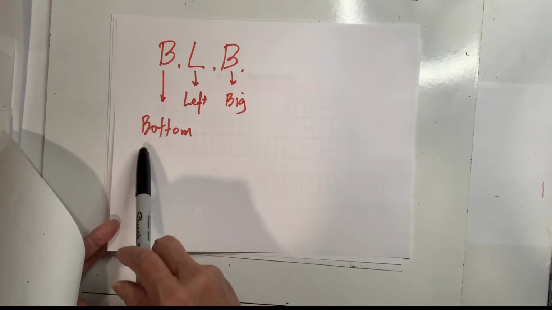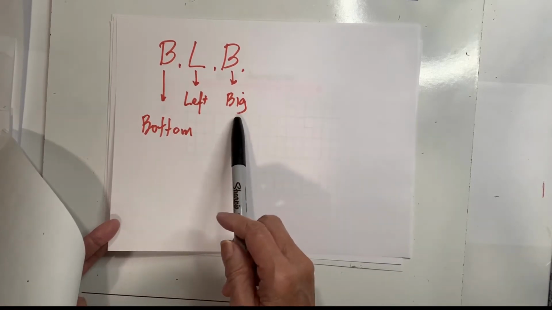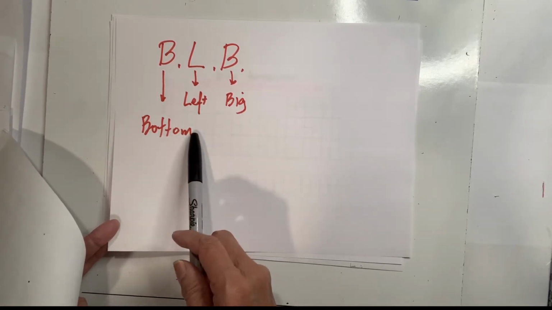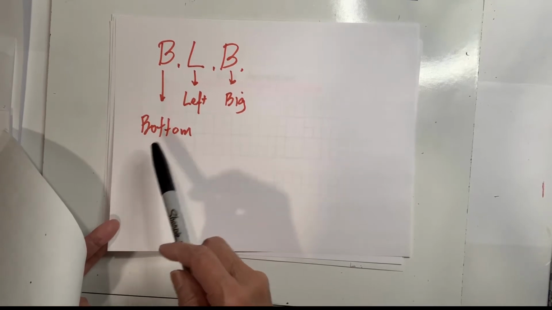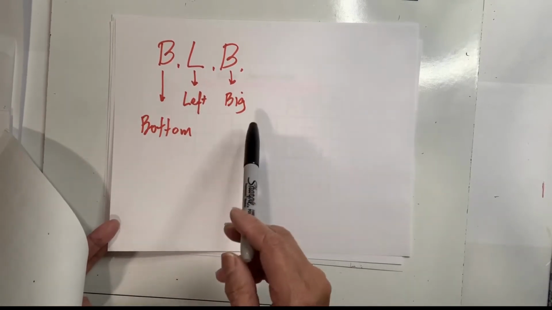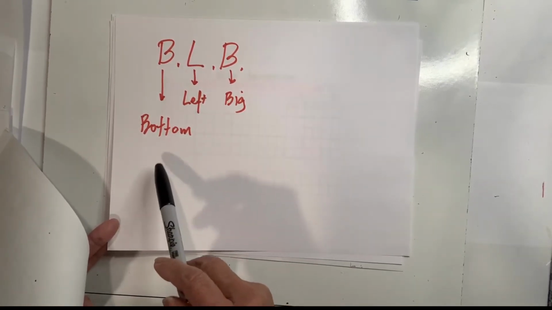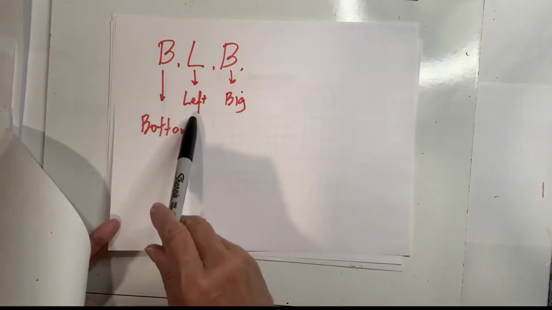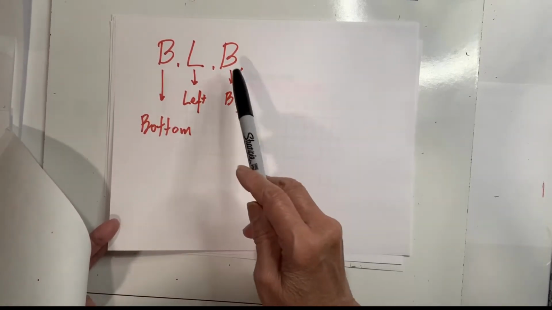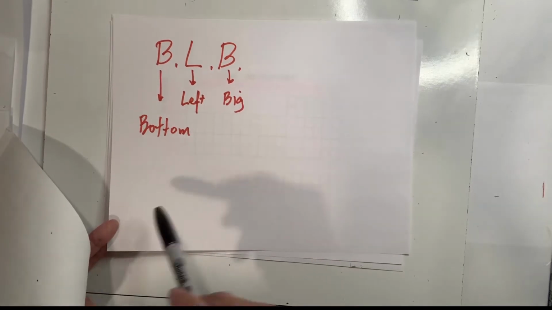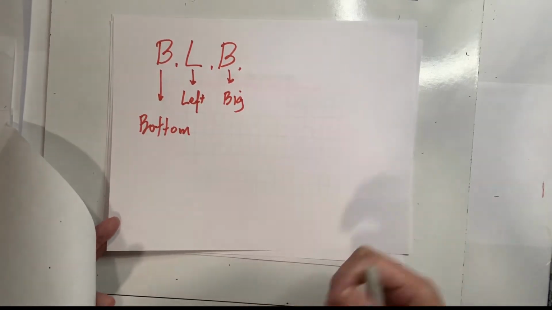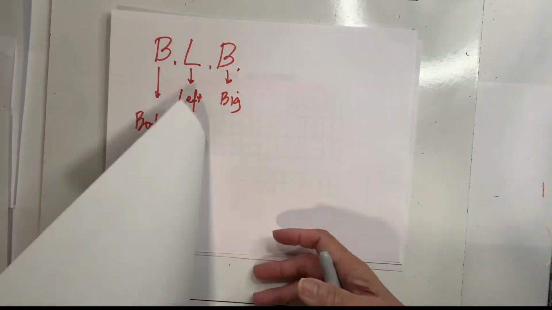So, where do I find the big size? At the bottom and left. So, I always remember bottom, left, big, BLB. The opposite is top, right, and small. Okay? I hope you will also apply the same so that you won't forget.